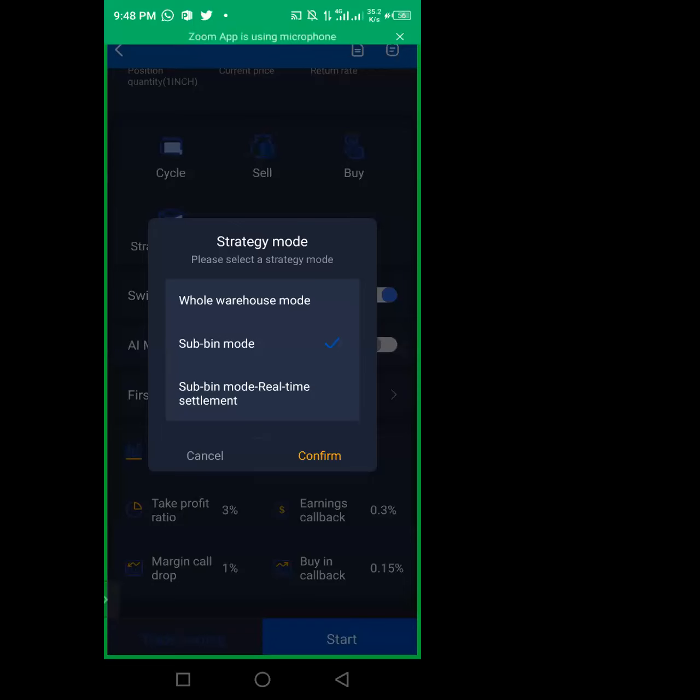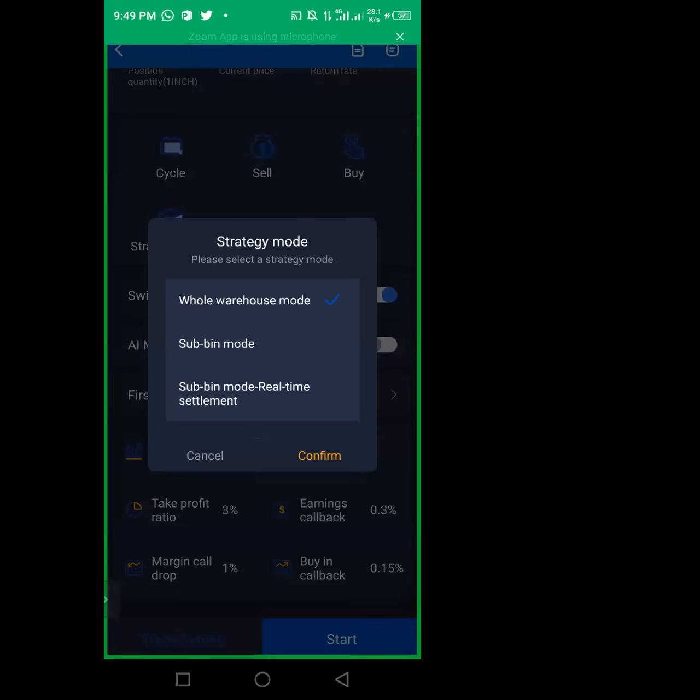Now the whole position: if you are using any margin call lower than 5, it is automatically whole warehouse mode. Whole warehouse mode means that it sees your first buy amount, plus if the robot goes down to buy margin 1 or margin 2 or margin 3 or margin 4, it sees all of them as one. It sells them as a whole.